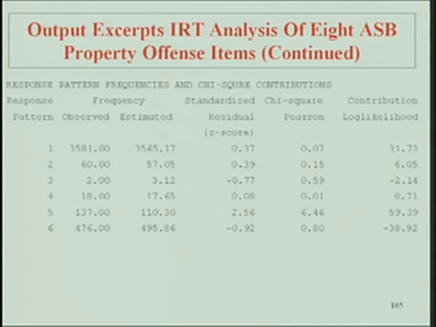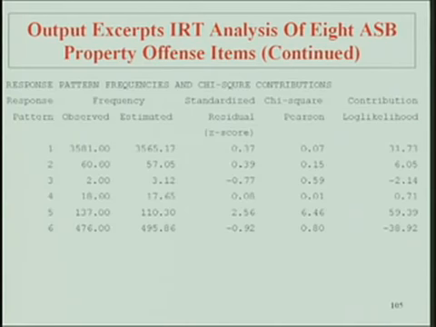Then we have frequencies. We have the observed frequency, which comes from the data, and the estimated frequencies, which come from the model. So you can see these don't agree perfectly. And down on number 5, you can see that the observed is 137, and the model underestimates that by about 27.